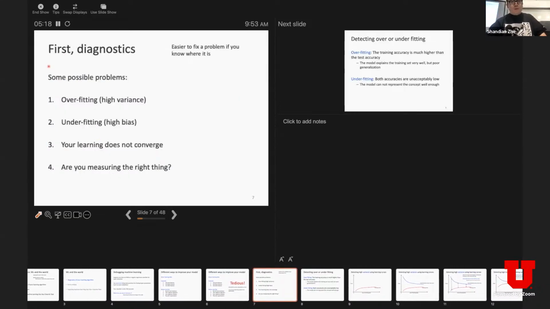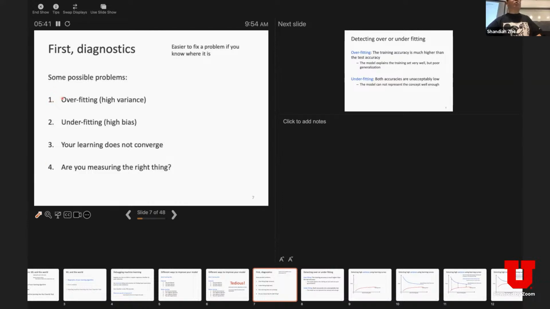So first, diagnose the reason that causes your model to fail or be unsatisfactory. There are not too many reasons for that. We can roughly categorize reasons into 4 aspects.